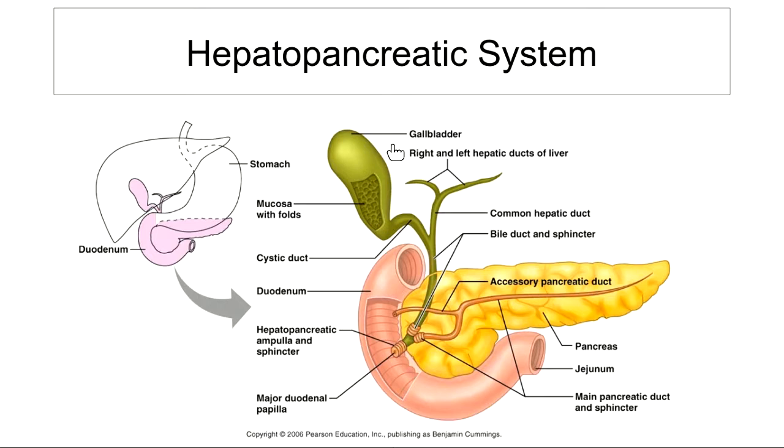Now it blocks the exit. So when it comes in, the stone is pushed up, and when it goes down, it plugs the hole. And that's why people have to have their gallbladders taken out. Those stones are painful when you're eating meals. You have gallstone or gallbladder attacks, and it's kind of painful.